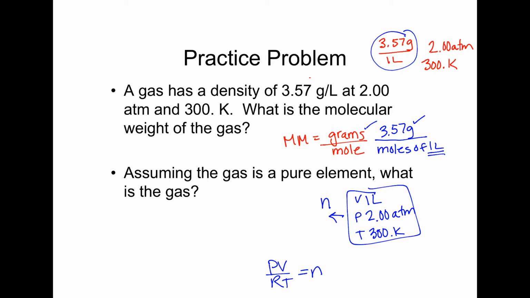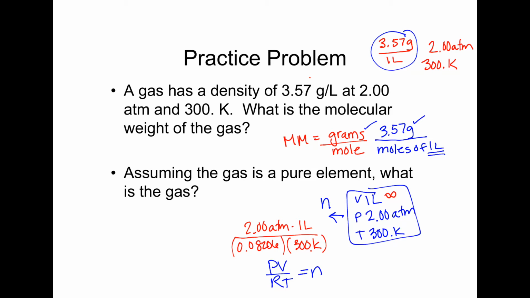Okay, putting in my numbers, my pressure is 2 atmospheres, my volume was 1 liter, and I'm assuming 1 liter, so that's really 1 liter to an infinite number of sig figs. I know that I'm only writing it to 1 there, that's a little uncomfortable for me. Okay, R is 0.08206, and temperature is 300 Kelvin.